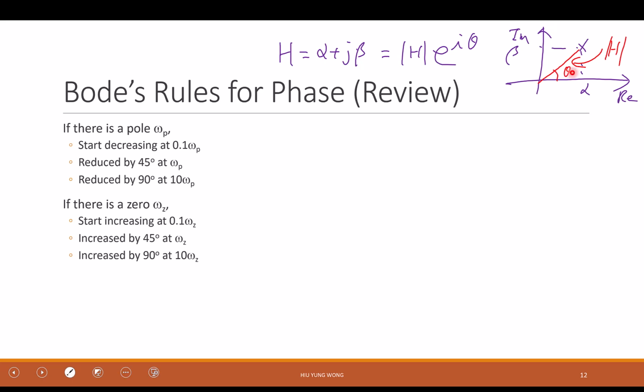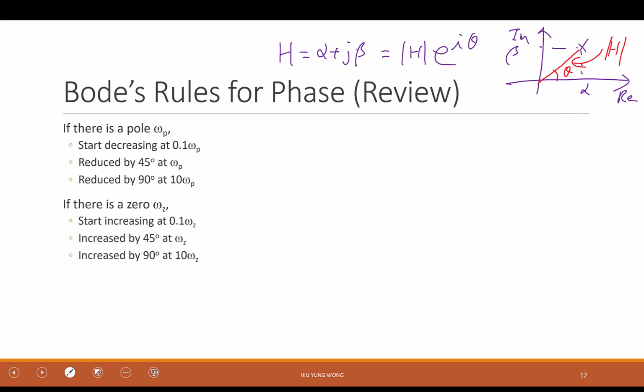So what we plotted in the last slide is how this magnitude changes with the frequency, the frequency response. But to completely describe this H, of course, you can use alpha, beta, but it's not that useful for electrical engineering. Using a phase diagram would be better, right? So we want to describe the theta also. That's why we have the phase.